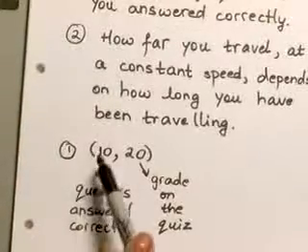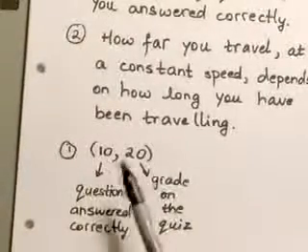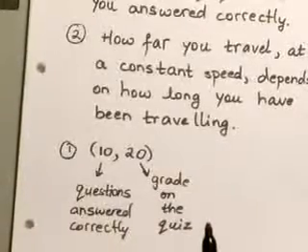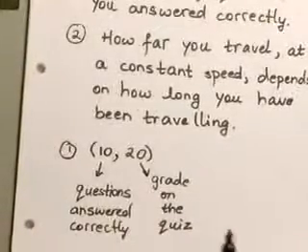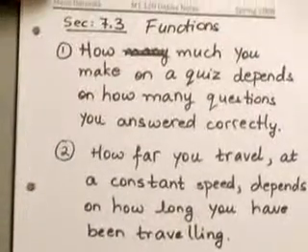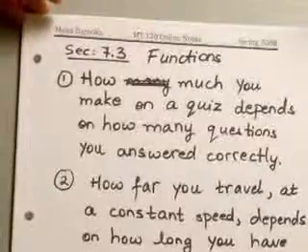So that tells you each question was worth 2 points, and 10 questions answered correctly gives you 20 points on the quiz. Our second scenario was how far you travel at a constant speed will depend on how long you have been traveling.